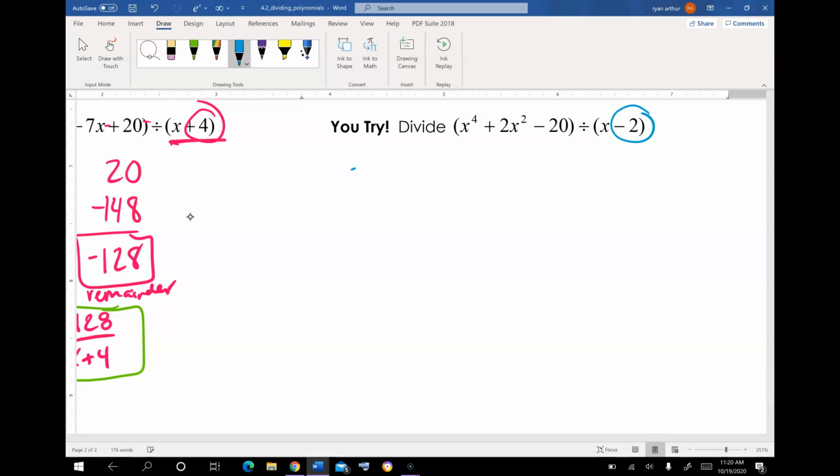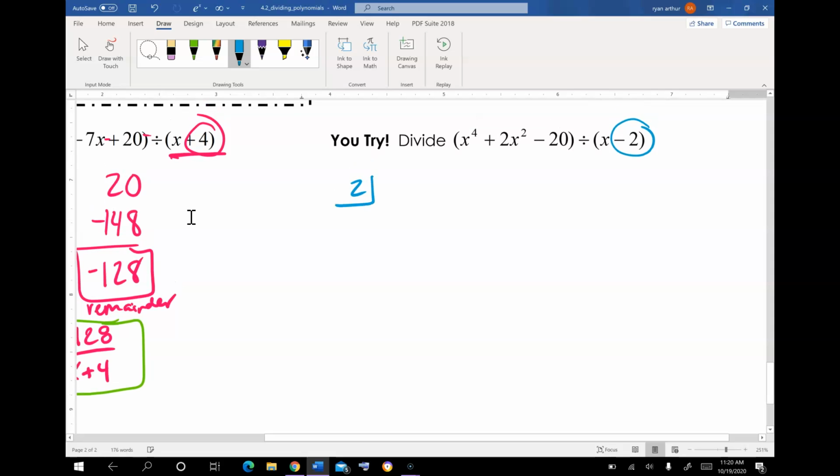Now if you look, I go from 4 to 2. What number did I skip between 4 and 2? I skipped 3. So I'm missing x cubed. Then I go from 2 to 0.